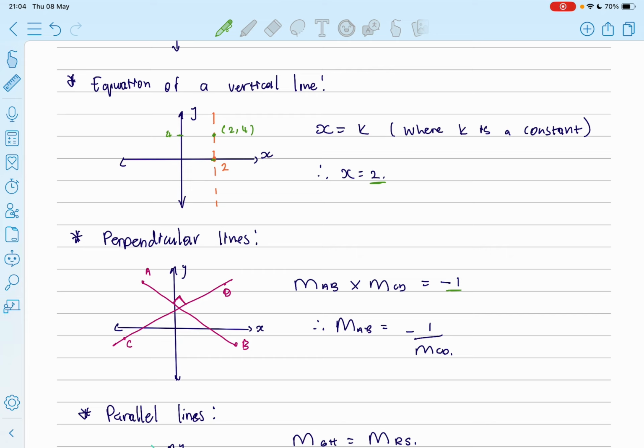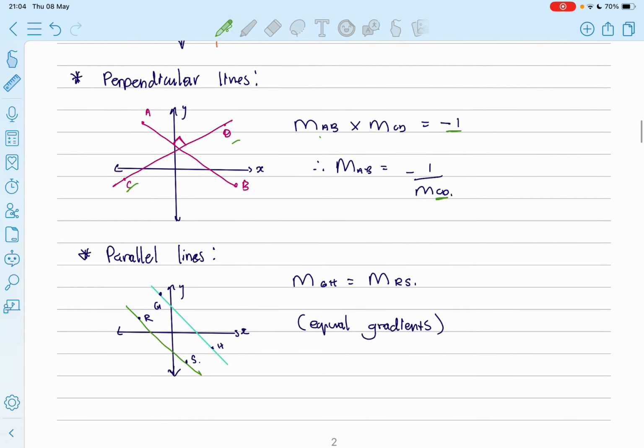So using this example, let's assume that we have been given the gradient of line CD, which is this one over here. For us to get the gradient of MAB, we just need to make that the subject of the formula, meaning that the gradient of MAB will be equal to -1 divided by the gradient of CD. And that's how you get the gradient of one using the other.